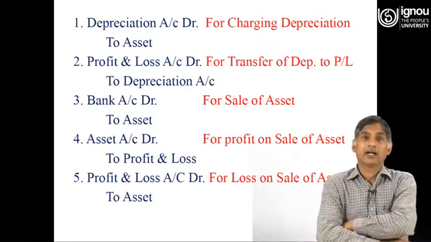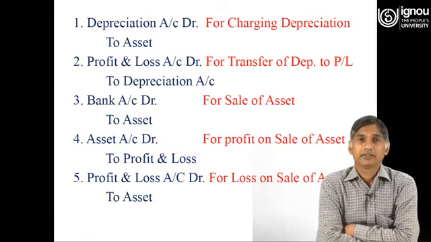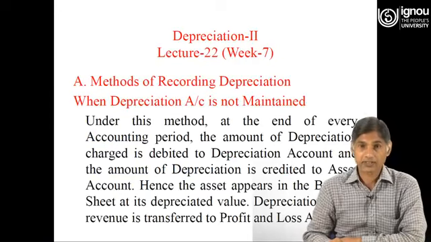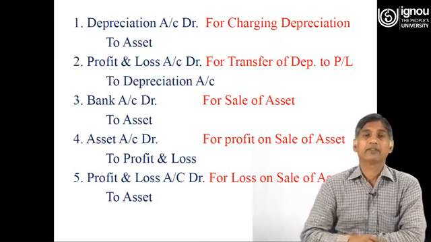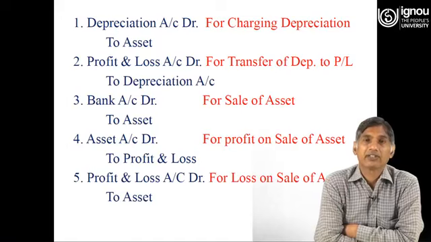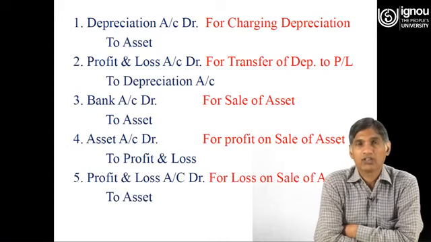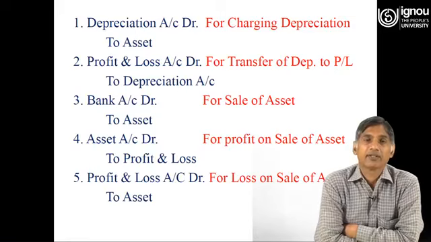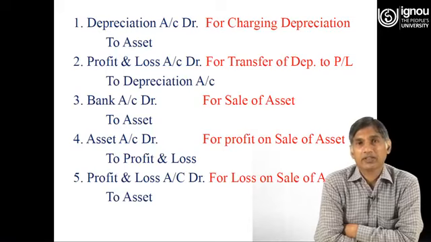Depreciation account debit to assets. So, friends, when the depreciation account is not maintained, the journal entries recorded in the books of the accounts are as follows. The first one is when we charge the depreciation on the asset: depreciation account debit to asset.